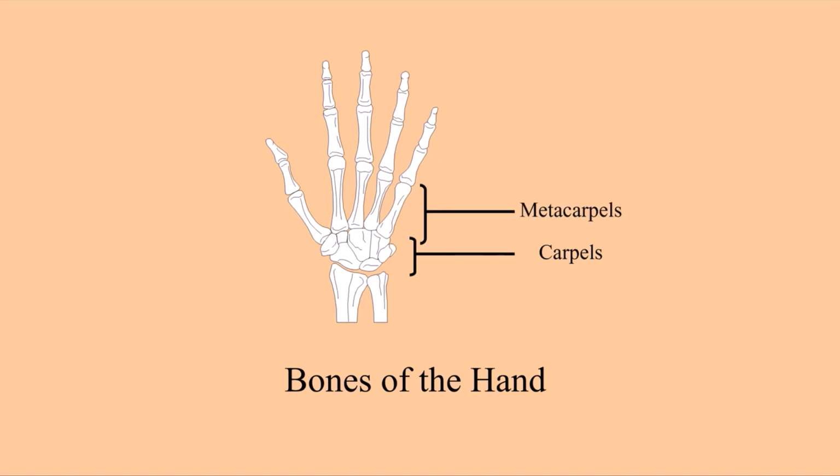Metacarpals, five elongated metacarpals form the bones of the palm. Phalanges are the bones of fingers and thumb. Four fingers have three phalanges each and the thumb has two, thus making 14 phalanges in each hand.